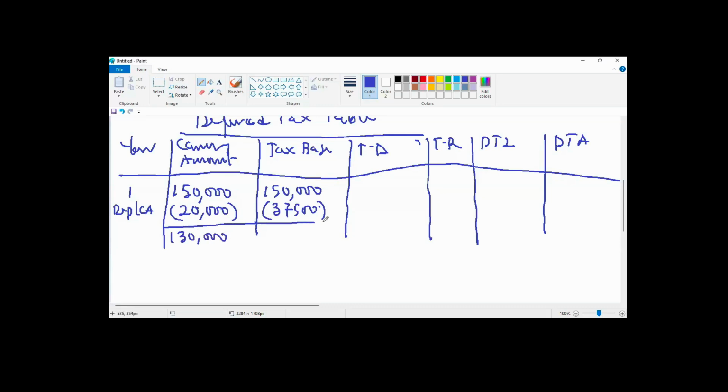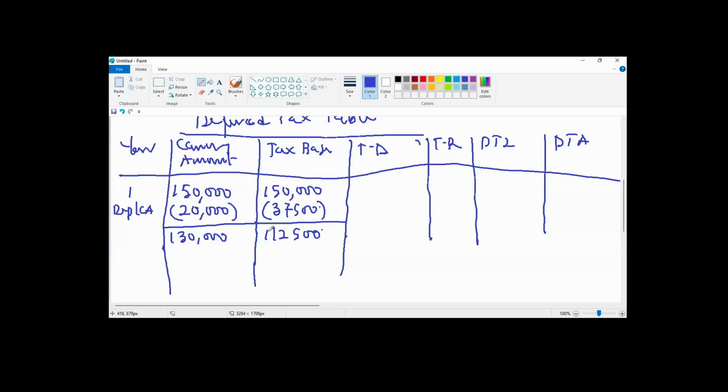But in the books of the tax people, what do they have? 150,000 minus 37,500 is 112,500. We now have 112,500.